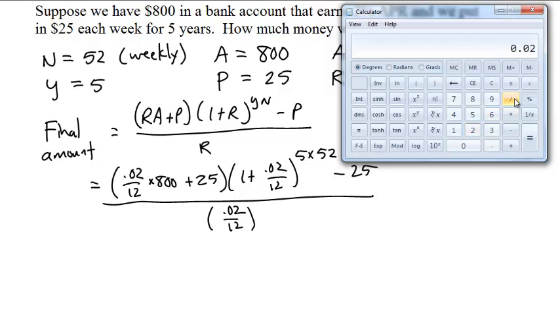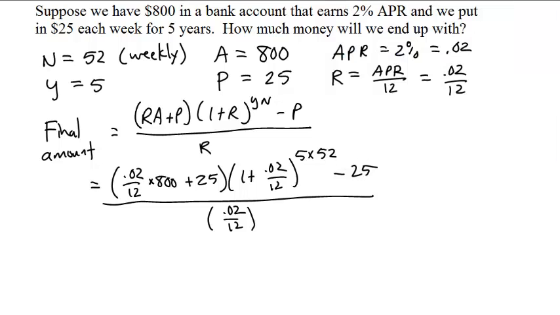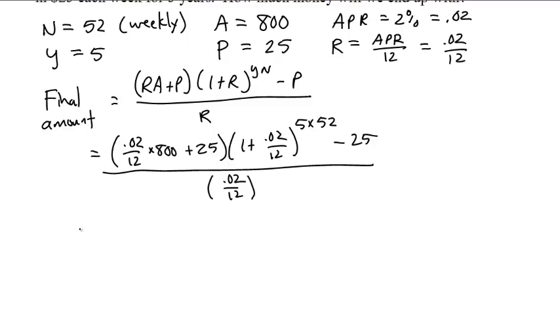First, 0.02 divided by 12 is 0.001666666. So that tells me right away that this is 0.00167, let's round it up, times 800 plus 25 over there.